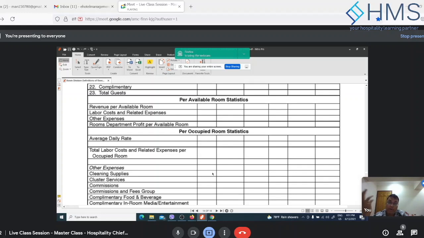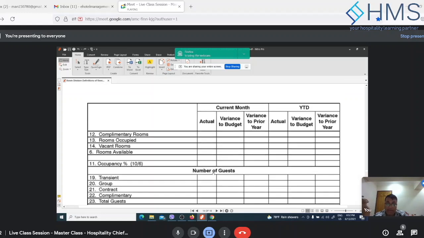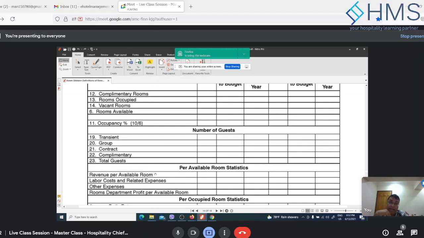And then you have number of guests, which is also segregated into transient, group, contract, complimentary, and total guests. These reports are sometimes generated automatically by the PMS, or they may not be included in the PMS directly, so you may have to calculate them separately, and they will form part of your financial operating package, which goes together with your reports.